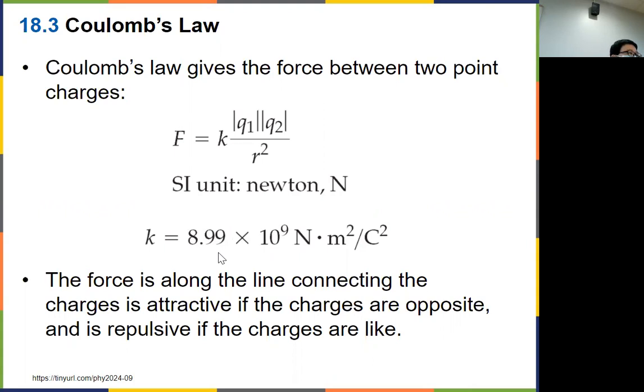The direction of the Coulomb's force, or the electrostatic force, is along the line connecting the two charges. Depending on whether you have like charges or opposite charges, you will have a repulsive force or an attractive force.